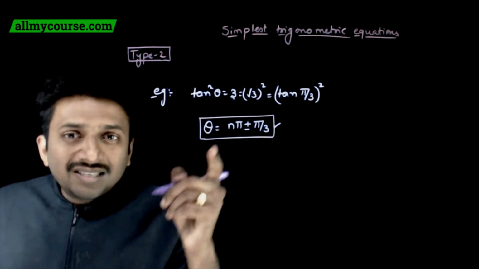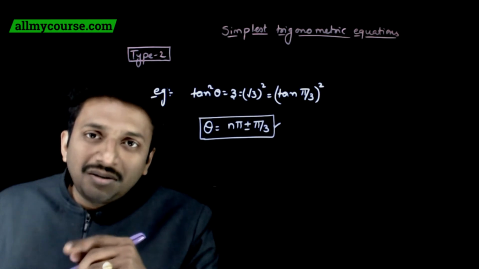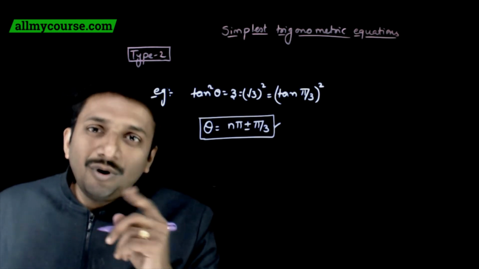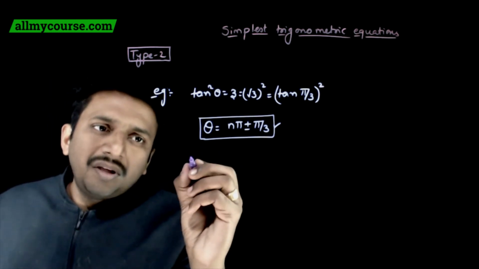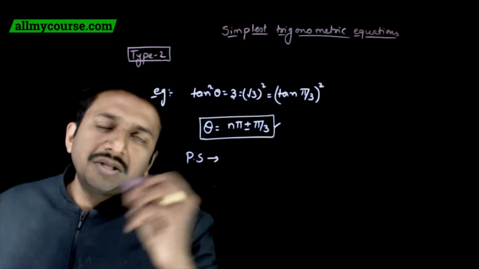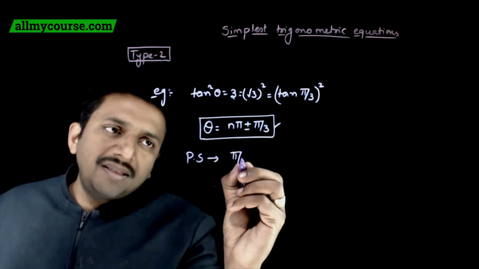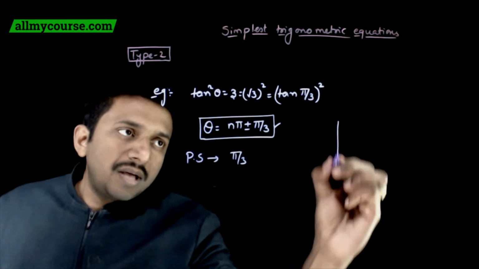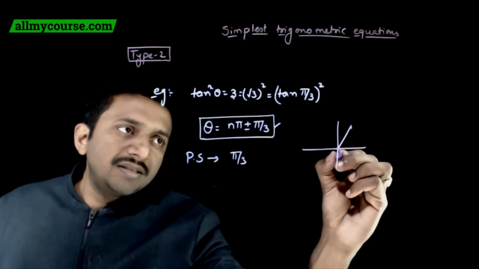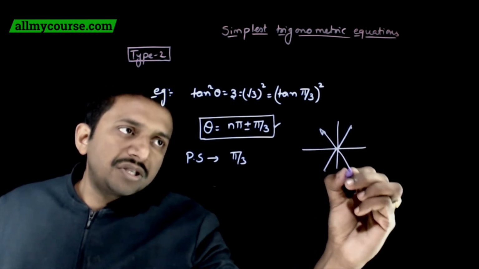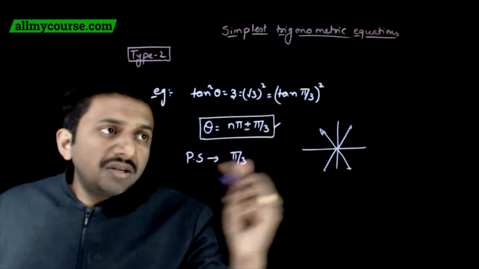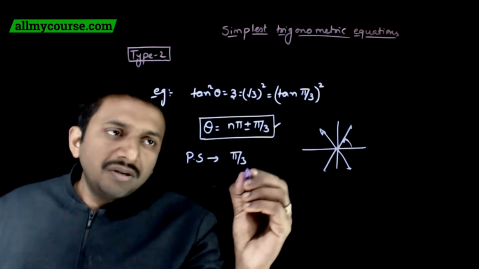And for equations like this, in one rotation, you get 4 possible answers. So if you were asked to find the principal solutions, you get pi by 3. So you have 4 positions like this which work for this equation. So pi by 3 is one solution.